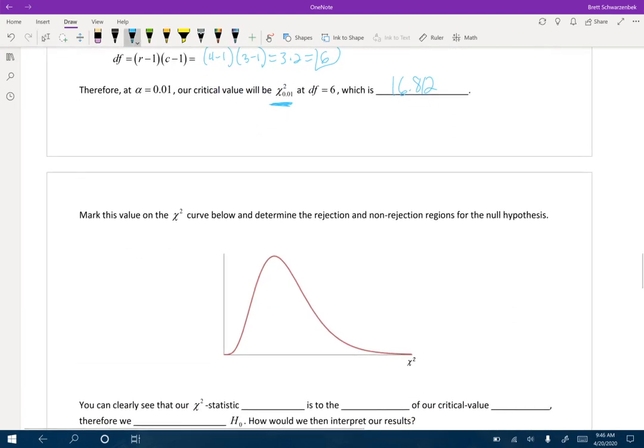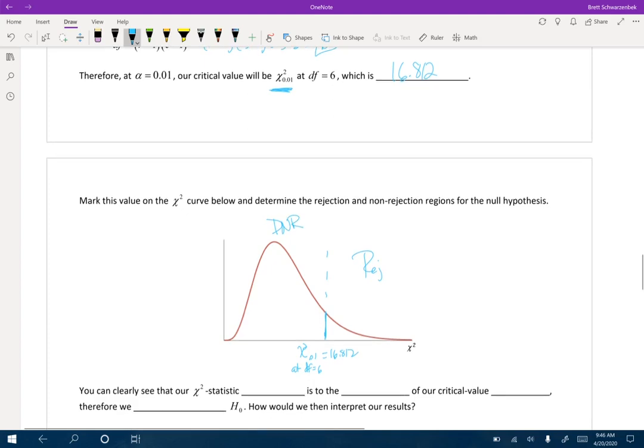So what do we do? We mark our critical value of chi-squared 0.01, df equals 6, which would be equal to 16.812. This creates our rejection line in our right tail because in chi-squared, again, it's a right skewed distribution.